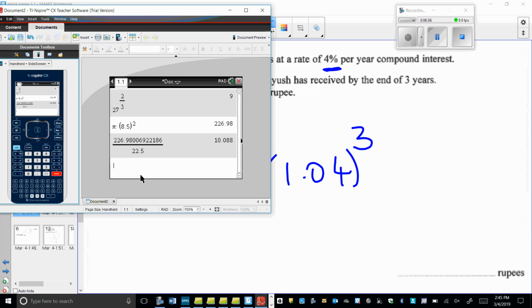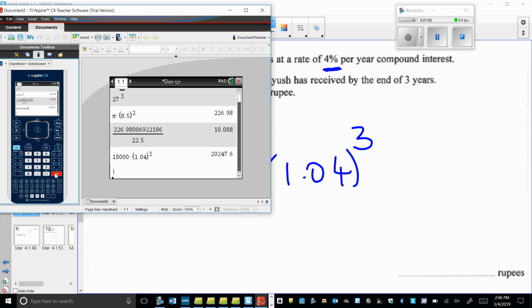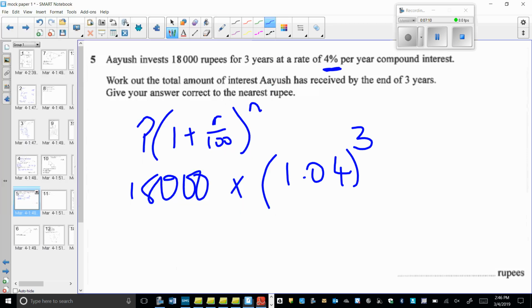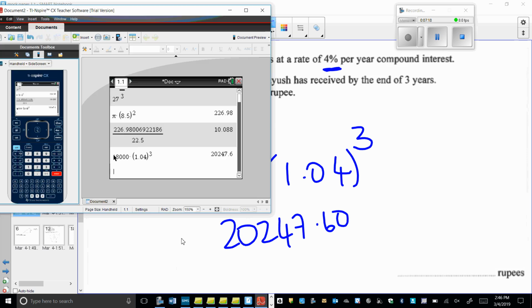That's 20247.6. Okay, but this is asked for the interest, so obviously we're going to subtract the 18,000.